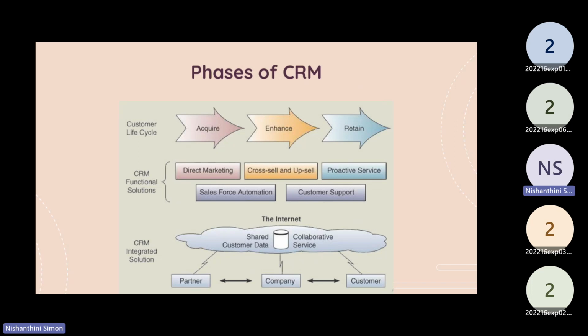Even in simple cases, they go from gold level, silver, platinum, and they enhance it. They give us points, then they give us offers: within this week, make 2 trips, then we are going to give you points. So they are trying to enhance us and make us come to them more. So enhancing, and the important one, retaining the customers.